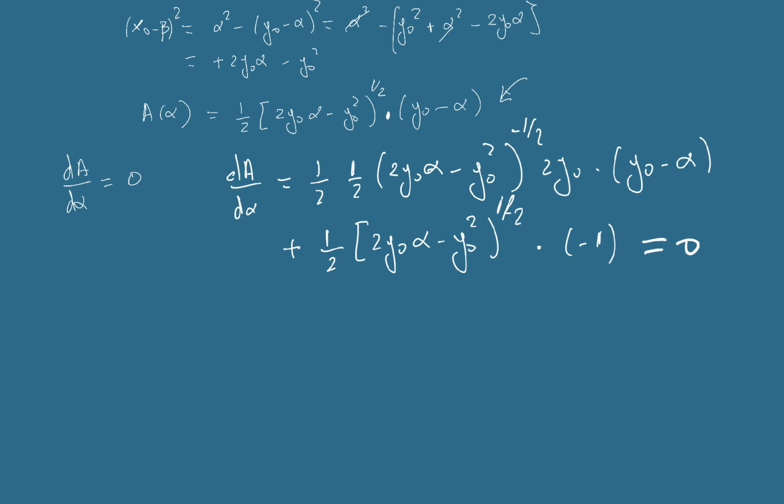So, if this has to be equal to 0, in the equation I can erase 1/2 here and 1/2 here. And I can put this to the other side.